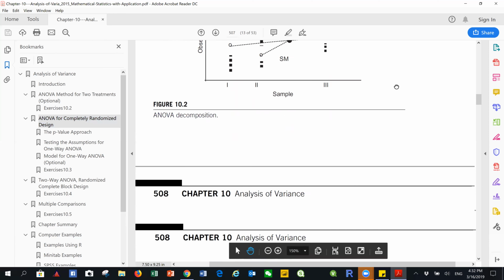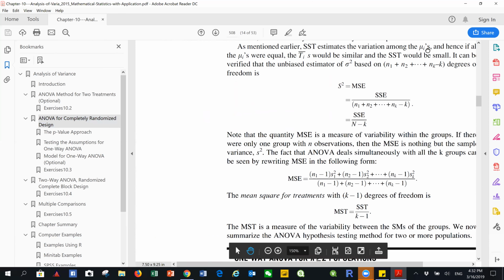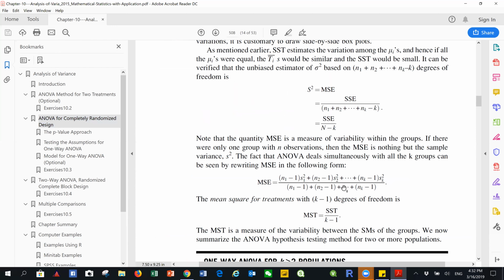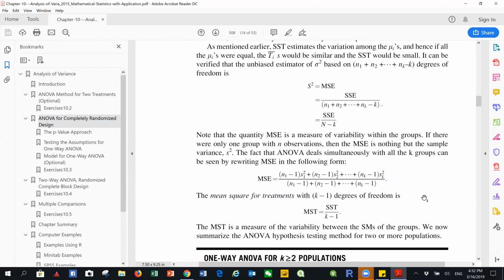Okay. All right. And these are the details regarding how you calculate the SSE, which is MSE. Now that we have SSE, SST, and total SS, then we can calculate the mean average.